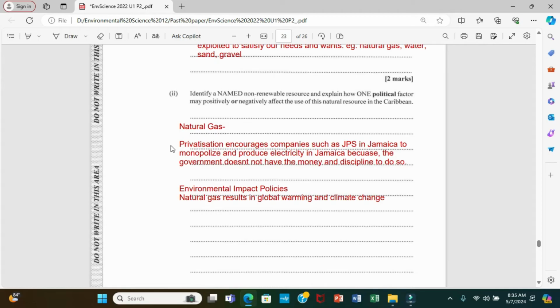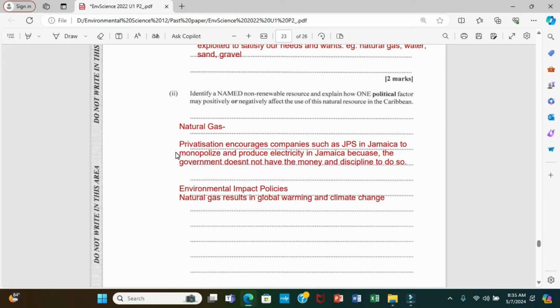All right, so of course here in Jamaica they privatized the electricity company JPS. So of course we have privatization. So the government can privatize the business, and these companies will come in, set up business, and provide electricity for the people.